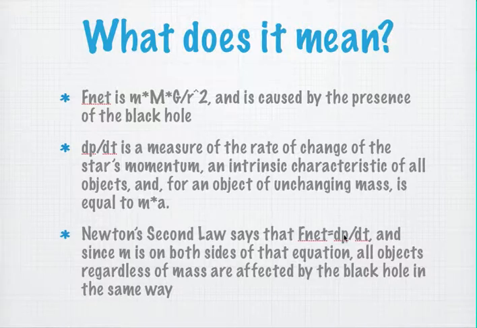So we set them equal by Newton's second law, and so this is where we get that m is right here, and m is right here, m is on both sides of this equation, and F equals ma. F equals ma, mass drops out. All objects, regardless of mass, are affected by the black hole in the same way.